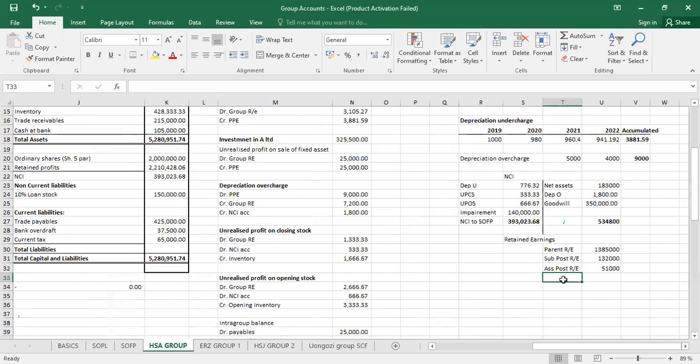Remember, we also have the revaluation. The subsidiary was revalued to 50,123. You multiply by 0.8.